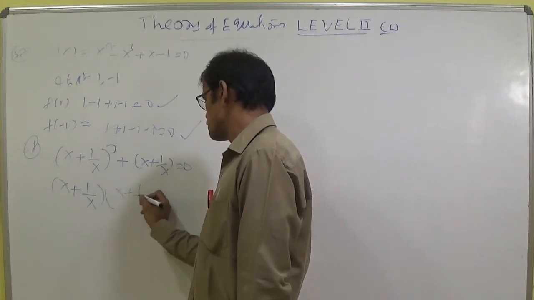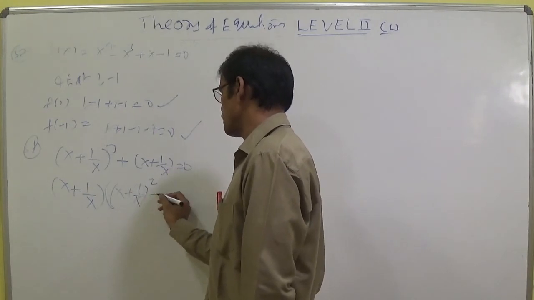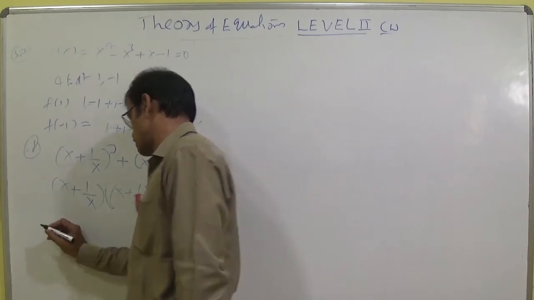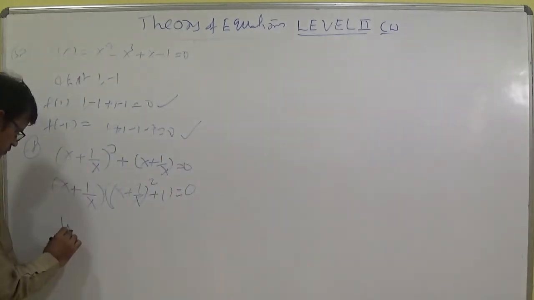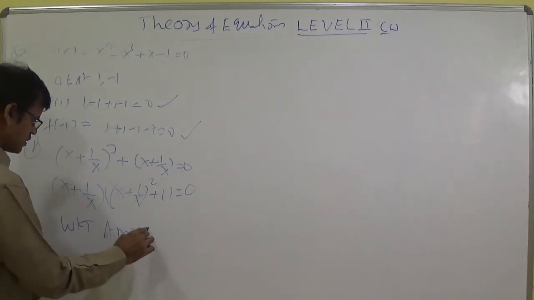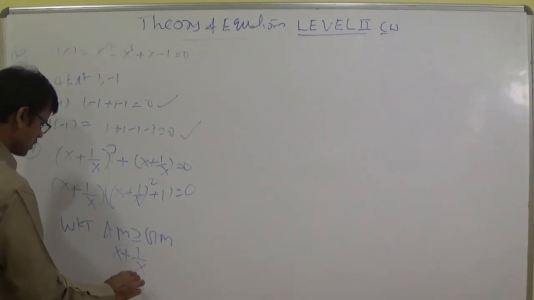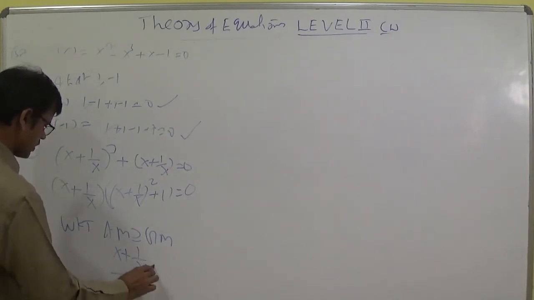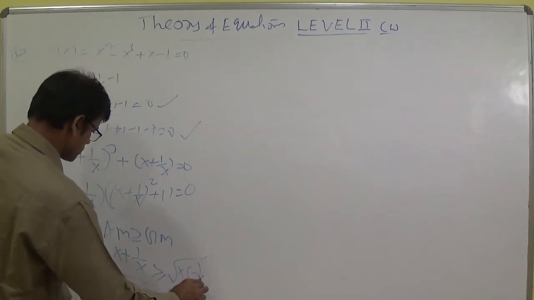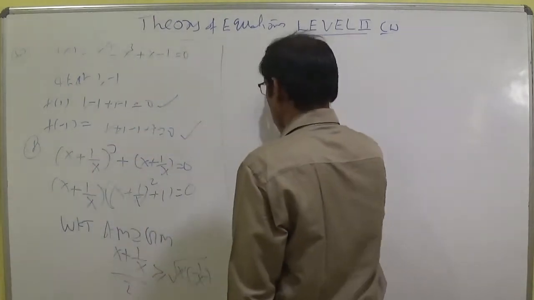Just listen here. I have taken x plus 1 by x common. Then here it is x plus 1 by x whole square plus 1 equal to 0. We know that AM is greater than or equal to GM. For the numbers x and 1 by x, x plus 1 by x whole by 2 is greater than or equal to root of x into 1 by x.